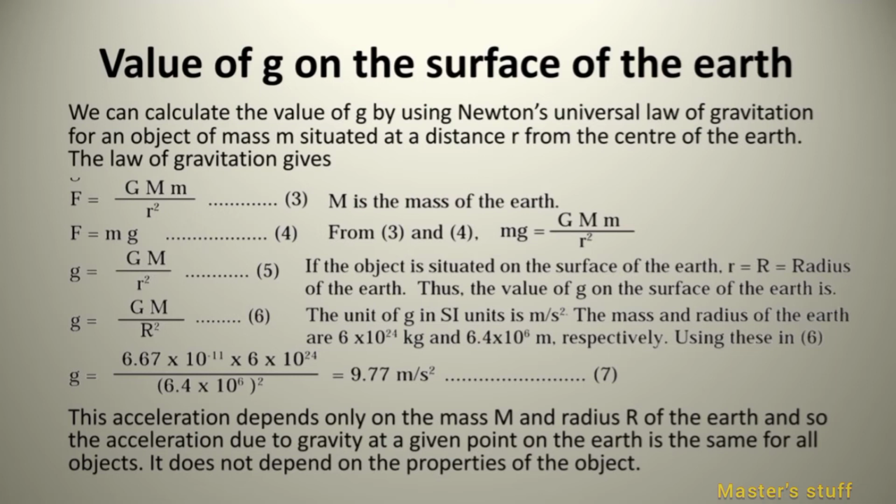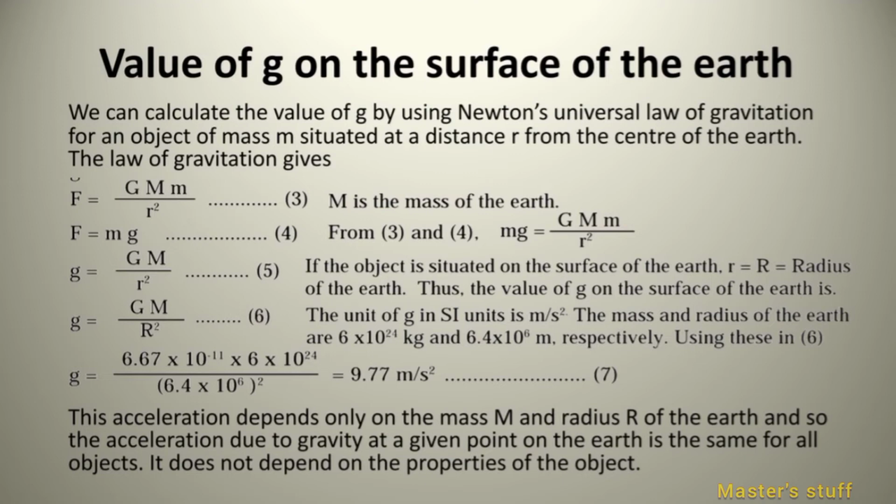Thus, substituting these values, we get the value of g equal to 9.77 meter per second square. Thus, the value of g on the surface of earth is 9.77 meter per second square.